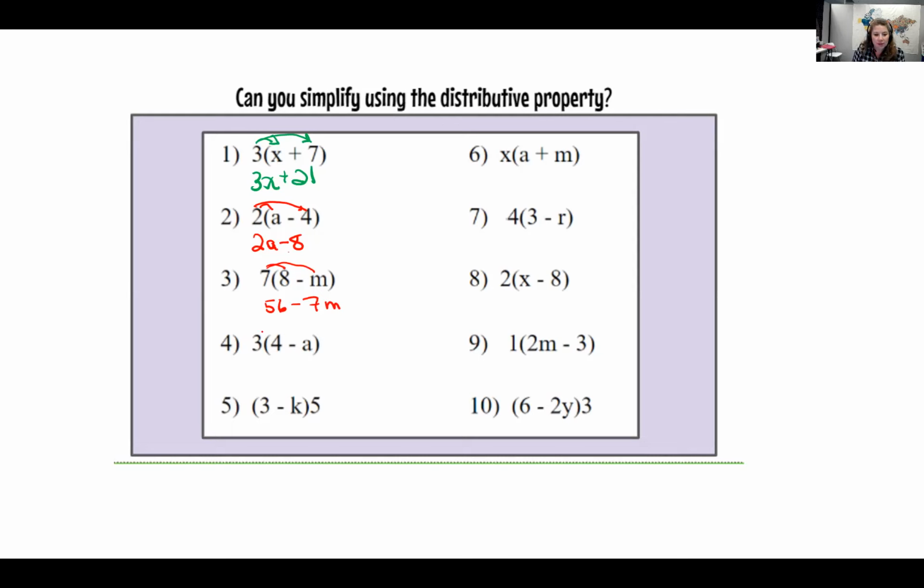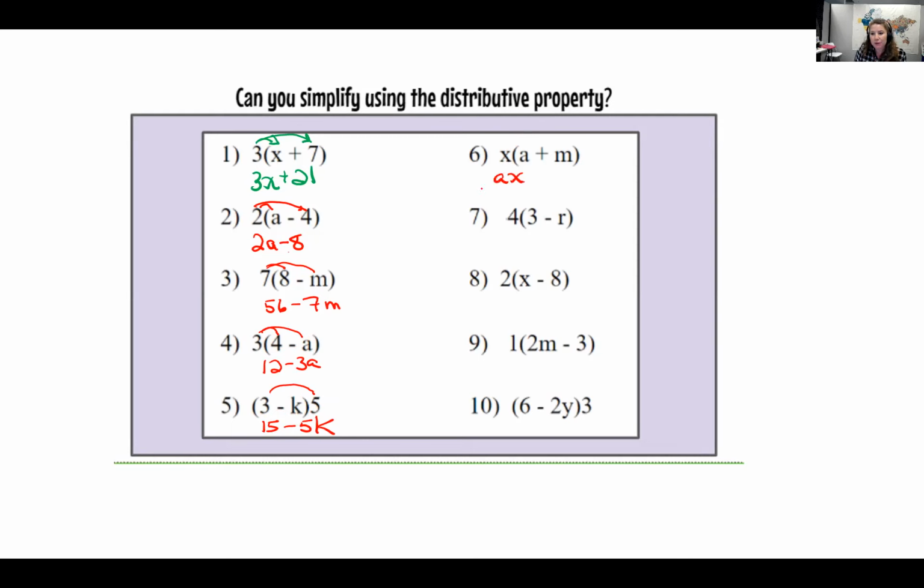All right, so on number 4, we have 3 times 4 is 12, minus, and 3 times a is 3a. Number 5, even though it's at the end, we're still using distributive property. We're multiplying everything in the parentheses by 5. So we have 15 minus 5k. All right, number 6, x times a is xa or ax.